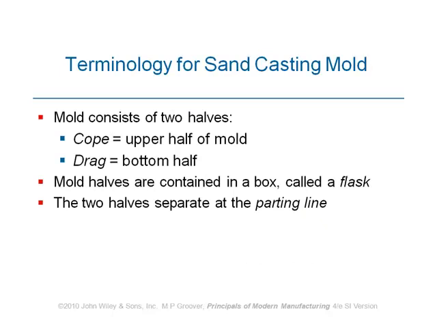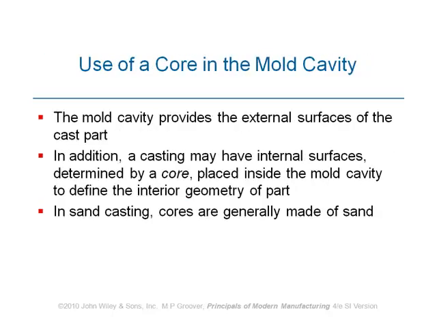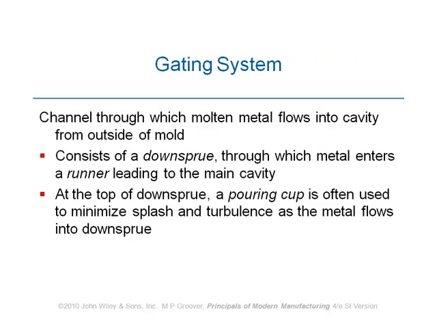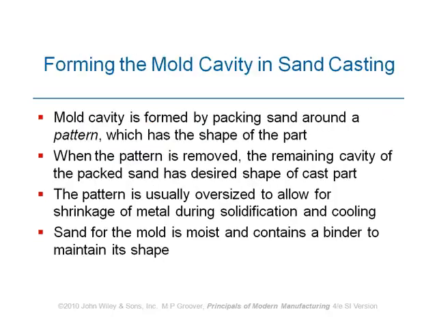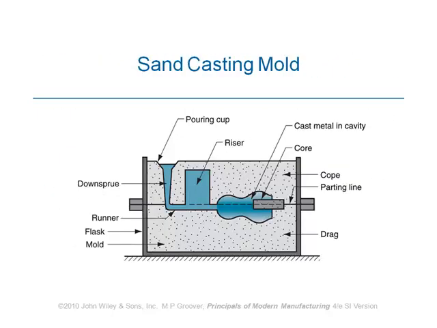Okay, this is what we already had, so let's move on. Gating system. Let me go back to the slide here. The gating system refers to this bit of the mold system.